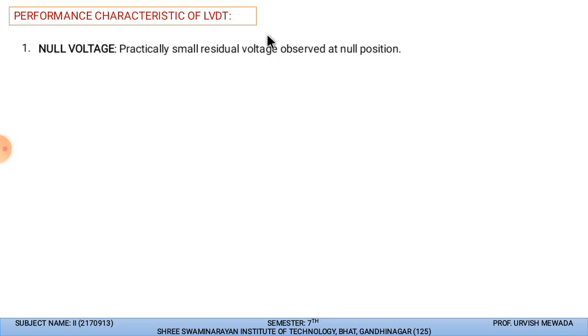See, in this we have an electromagnetic device, and an electromagnetic device has a property: whenever you give electrical supply to any electromagnetic device, it gets energized, and when you remove that supply, the magnetic parts of that electromagnetic component will not be completely de-energized. So some amount of residual flux will remain there.